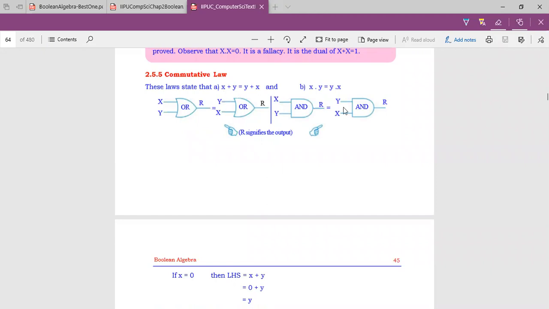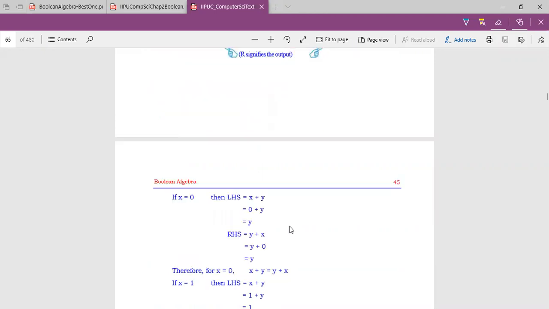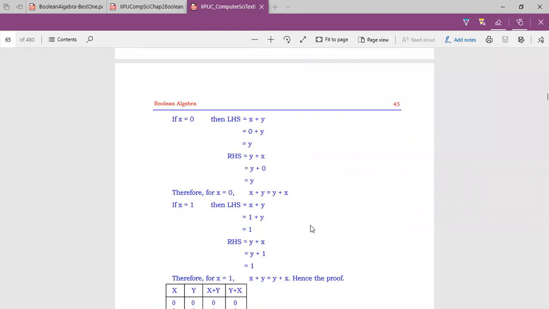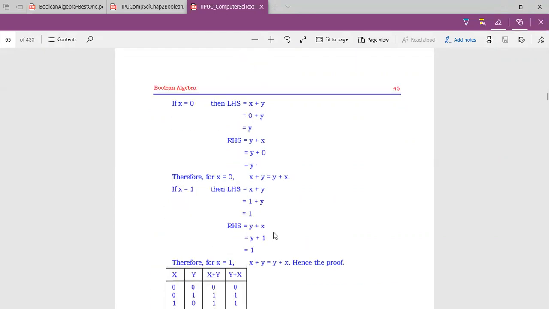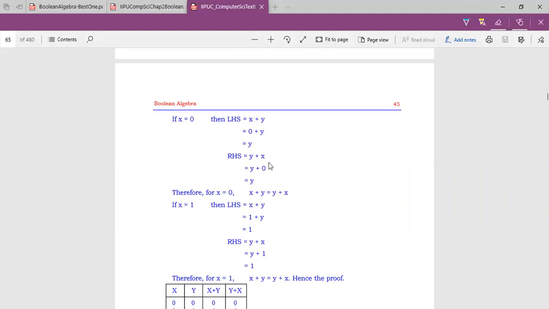In this case, what we have done is we substitute the value for x as 0 and 1. Then similarly, we should substitute values for y. But what is done here is partial substitution. That also can be used to prove the theorems.